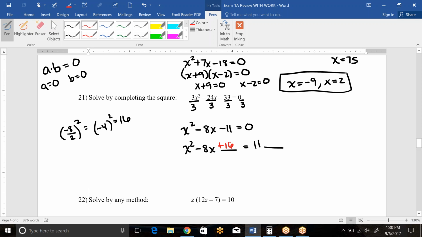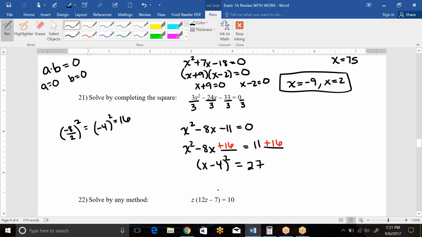Factors of 16 that add to negative 8 would be negative 4 and negative 4. They're identical factors. So whatever we do to the left, we have to also do to the right. So we're going to write that over there. Okay, so then this would be x minus 4 squared. So that, notice it's the part squared because it's the same binomial twice. And this now adds up to, it looks like 27.